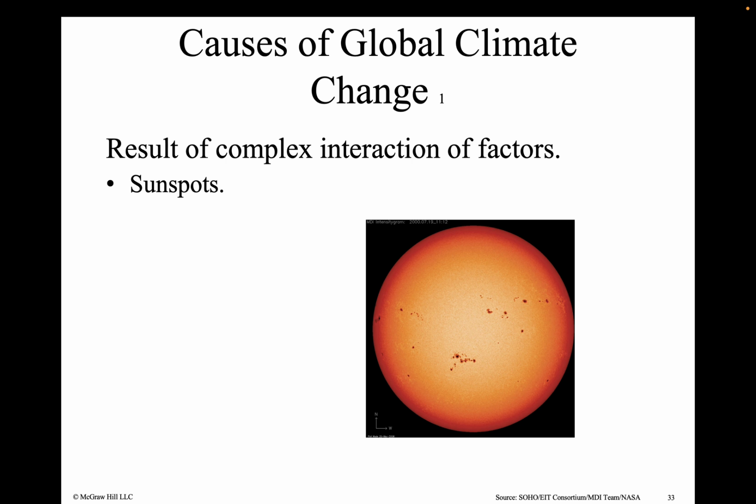You can see here in this figure, sunspots are dark spots that appear to move around the surface of the sun. The more sunspots the sun has, the more energy reaches the Earth, which therefore increases the temperature.